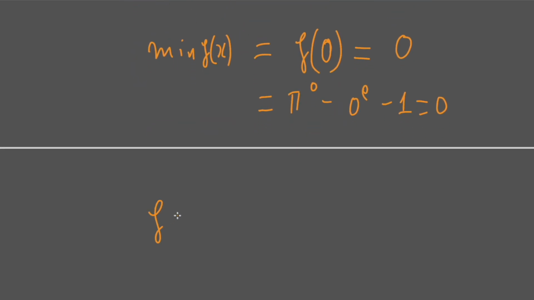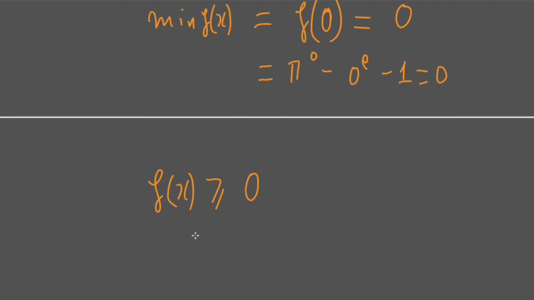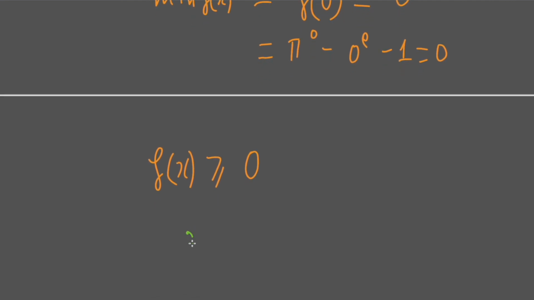Obviously, f(x) is always greater than or equal to 0. Then finally, the root of this equation is x equal to 0. So that is the way to find the solution for this equation.